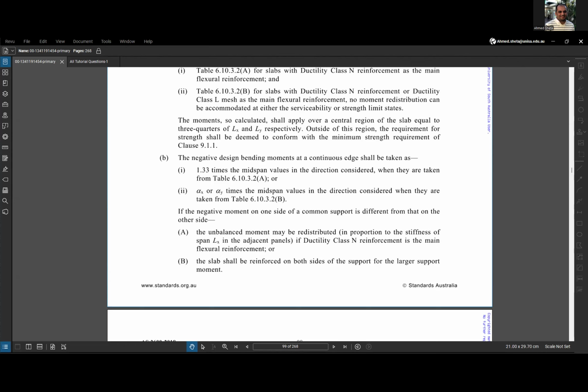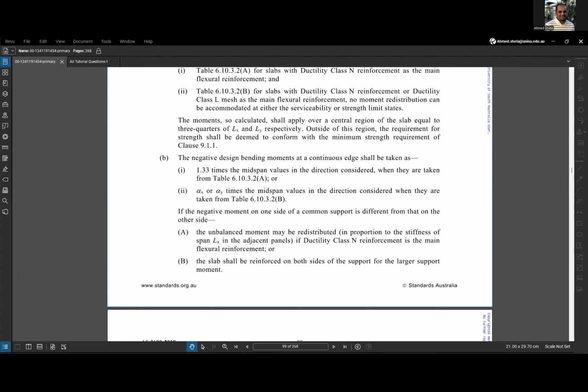Okay, what does this mean? This means that if you have this bending moment strip, the strip of our bending moment in the short direction, for example. If we have M* here, M* here, then the bending moment here will be 1.33 M*, 1.33 M*.